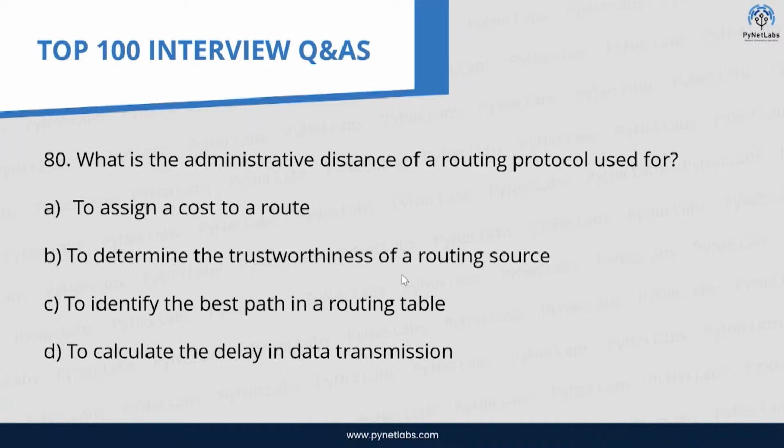So in the context of a router receiving routing information from multiple sources, the router will prefer the routes with lower administrative distance first by default, which makes a good difference in the network if multiple routing protocols are there while making forwarding decisions. So the correct answer is option number B, to determine the trustworthiness of a routing source in terms of administrative distance, used as the AD value.